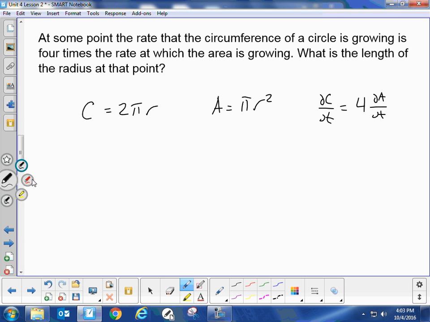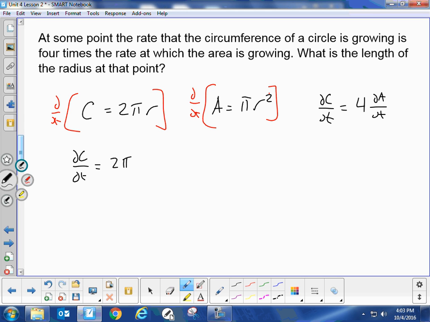Okay. Well, I can use that to my advantage, and I could take the derivative of both, because I'm trying to find the length of the radius. I feel like I might need dr/dt, but maybe not. Maybe I have everything I need.